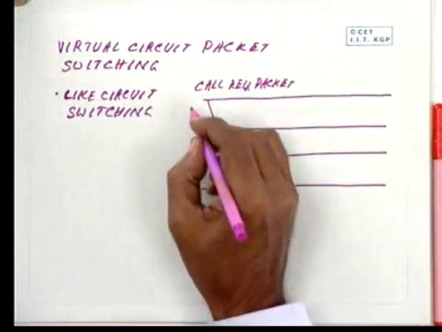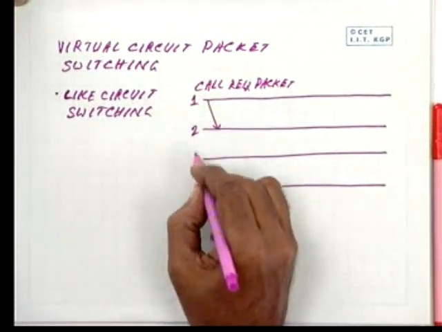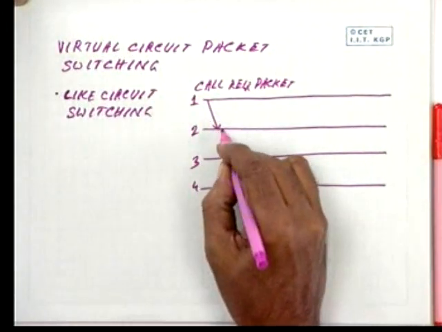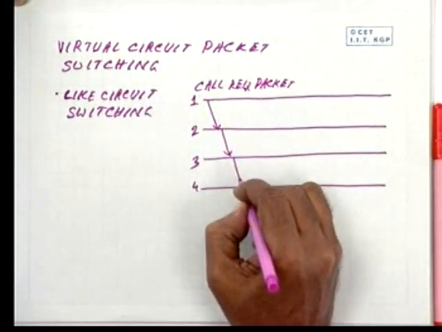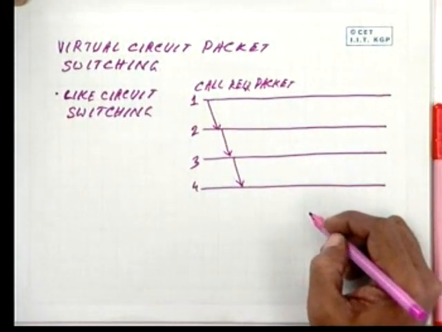So you will send the call request packet from 1 to 2, then 2 to 3 and then 3 to 4. In this way you will send the call request packet.